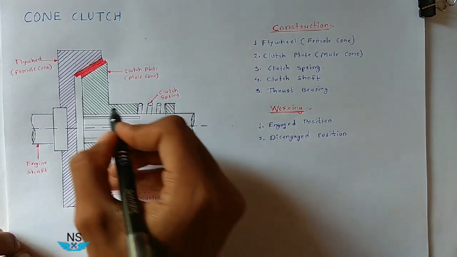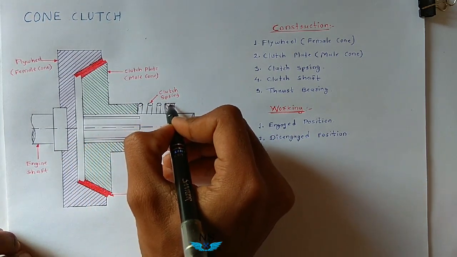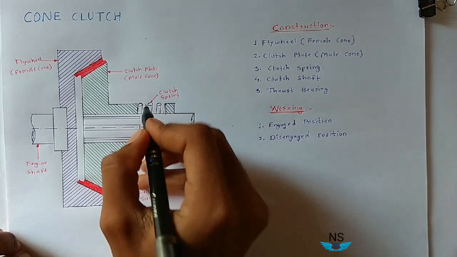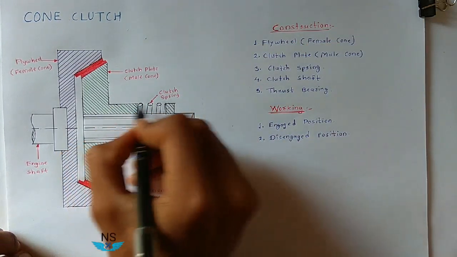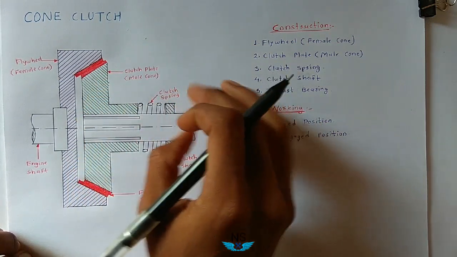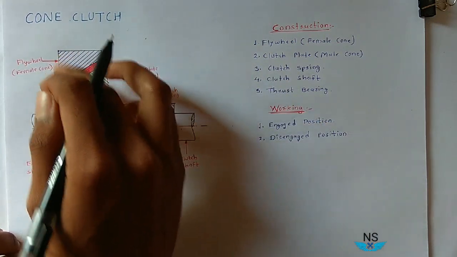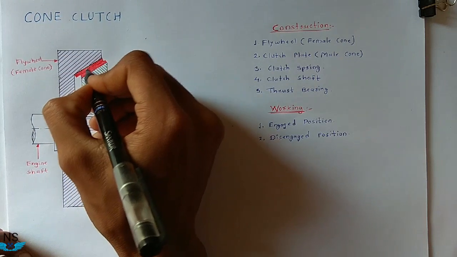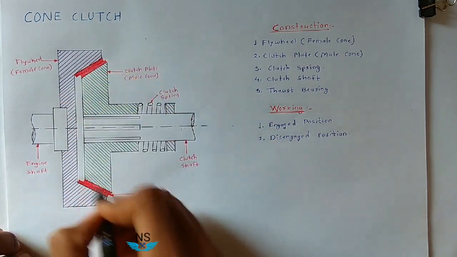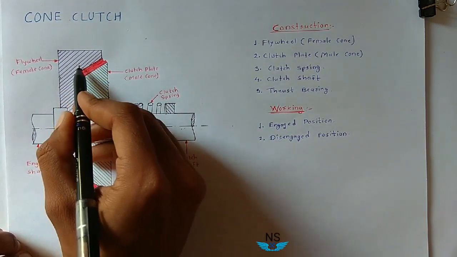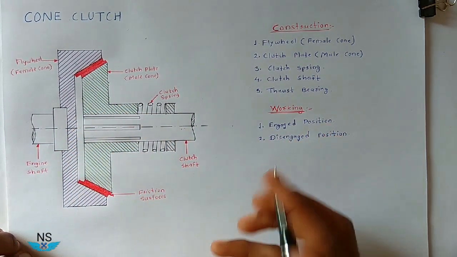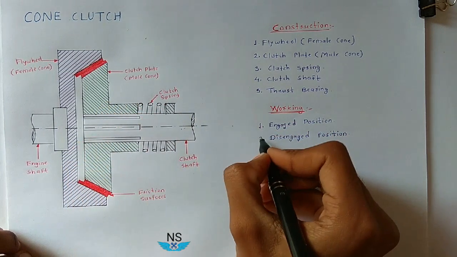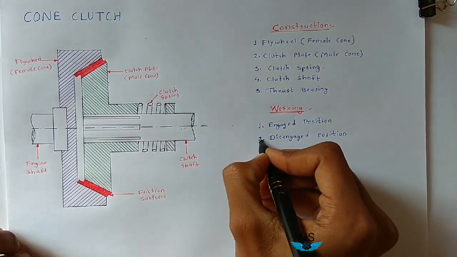And in disengaged position, when clutch pedal is pressed, then the lever pulls this clutch plate away from this flywheel, so there is no contact between these friction surfaces and power is not transmitted from flywheel to clutch shaft and clutch is in disengaged position. So in that period, driver can shift the gear easily.